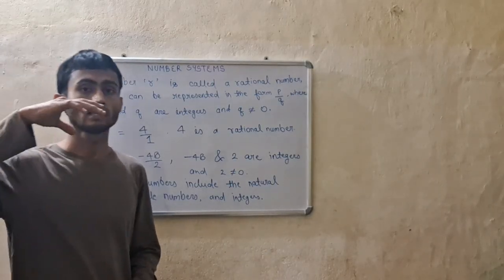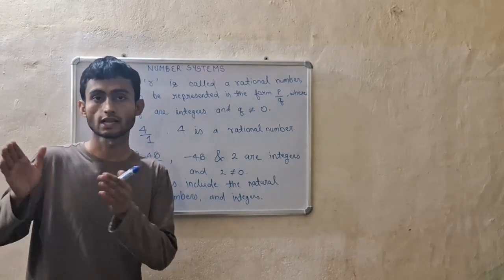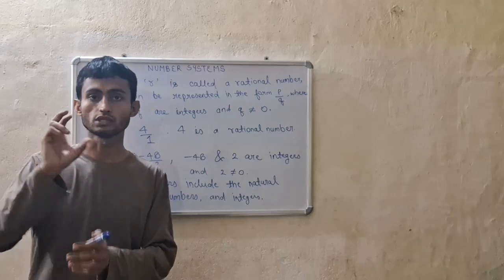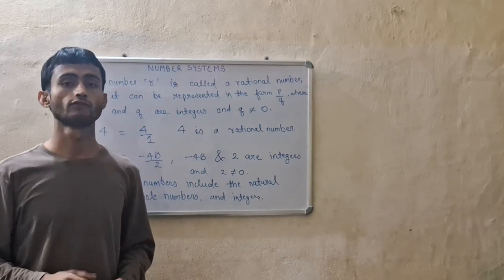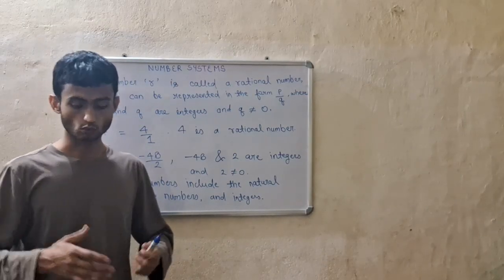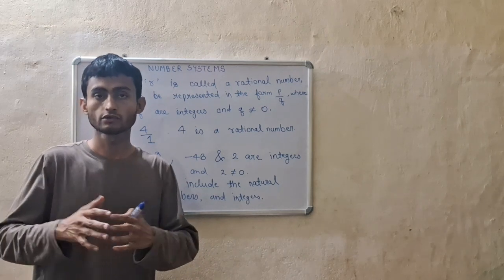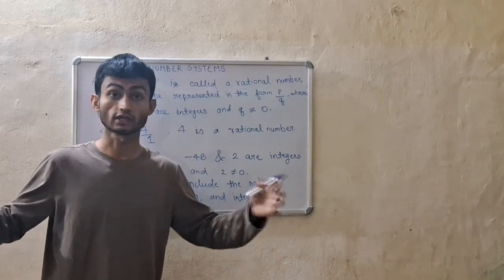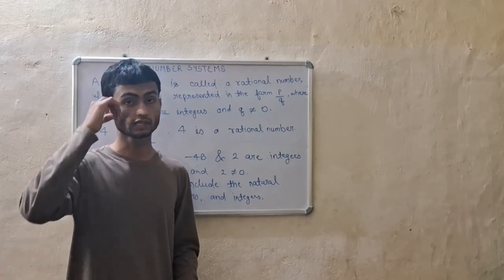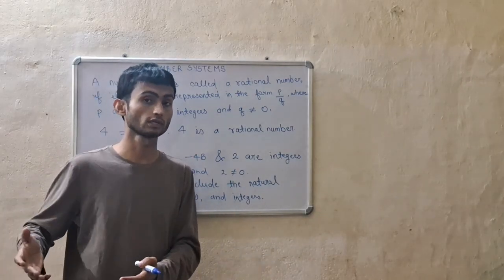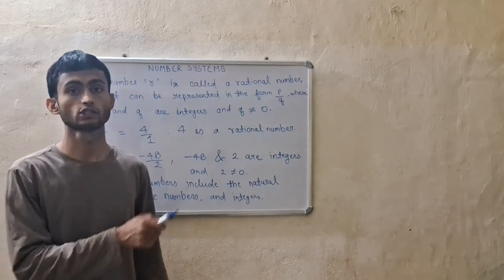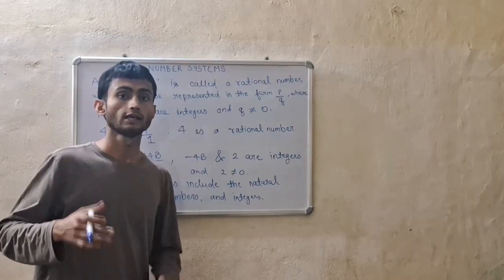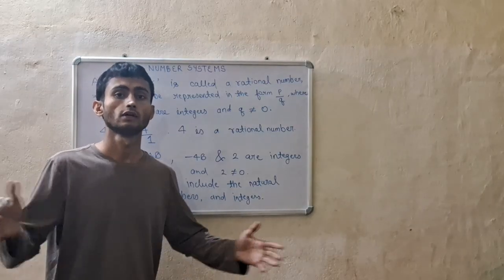When we say natural numbers, we have numbers starting from 1 up to infinity. When we say whole numbers, we include 0 into the collection of natural numbers. So what are we doing here? We are increasing the extent of the collection of numbers. When we say rational numbers, we include many numbers which were not in the collection of integers, but integers automatically get into the collection of rational numbers.